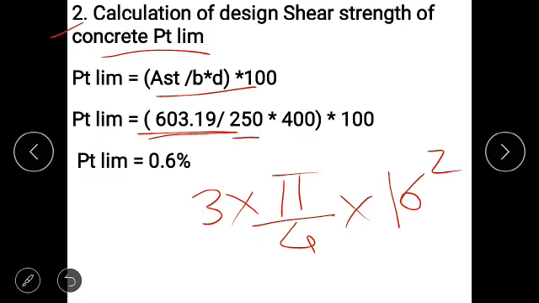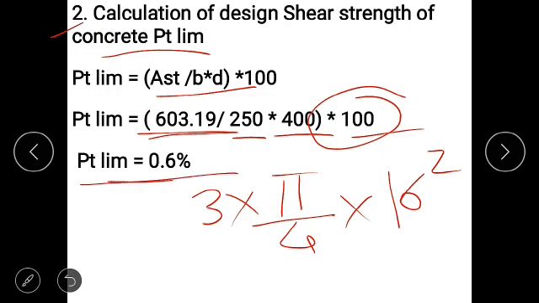B is 250 mm and D is 400 mm, multiplied by 100. Why do we multiply by 100? Because we have to calculate PT in percentage. So PT is 0.6 percent.